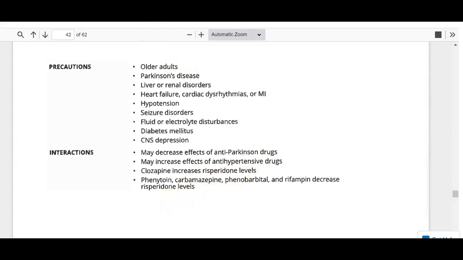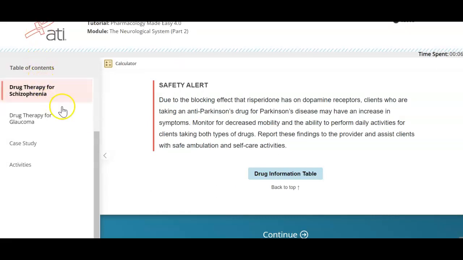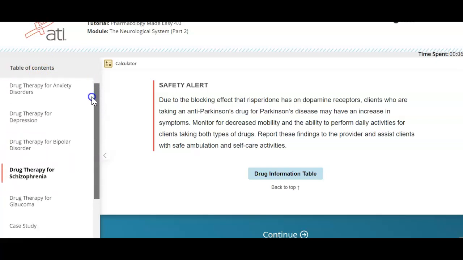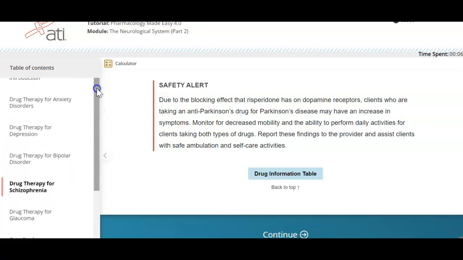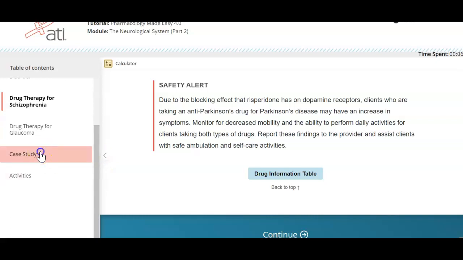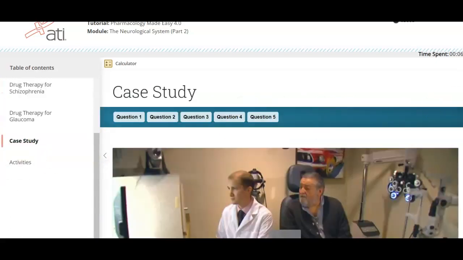Okay, and then we have one more area under neuro, but I think we've covered enough, honestly. There's a lot to know with these medications. Even though a lot of adverse effects are similar, it's still a lot to keep in our minds. So I'm going to go over the drug therapy for glaucoma on a different day. And don't forget, as always, to do your case study.